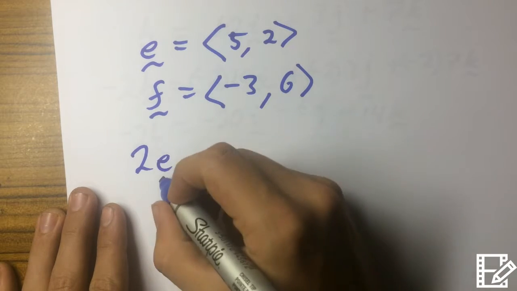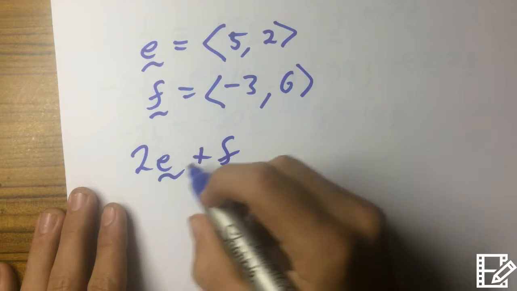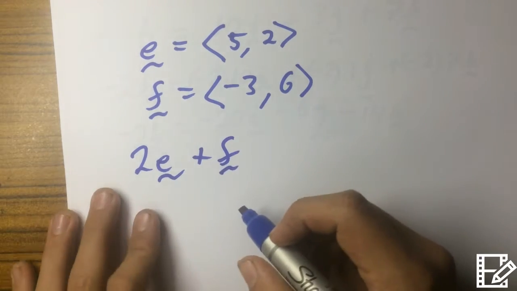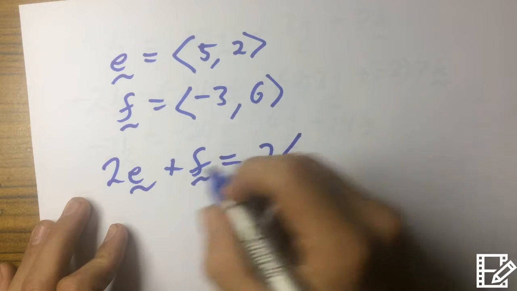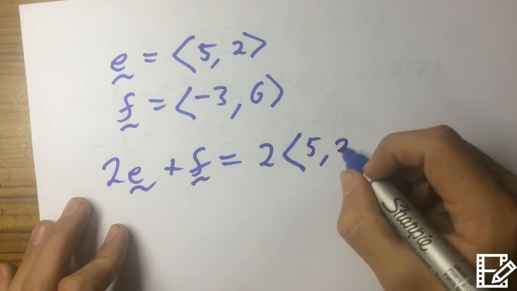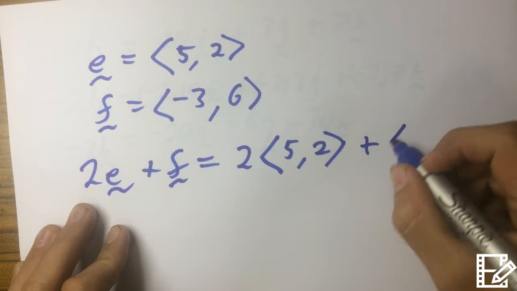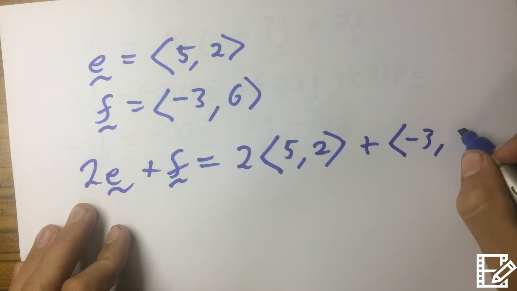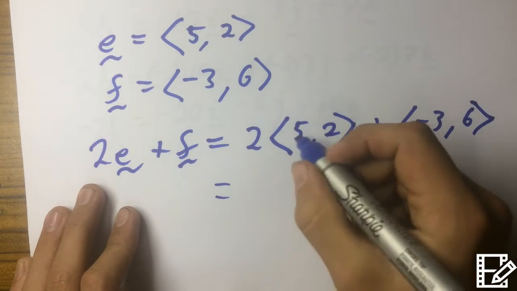And I will solve 2e plus f. That will look like 2 multiplied onto the e, which is (5, 2), and then plus (-3, 6).